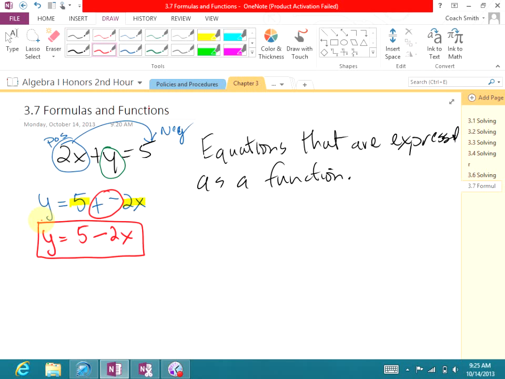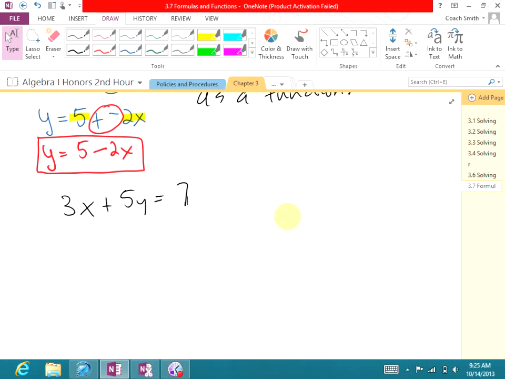Okay? Now, we went a little bit more difficult. Not really, but just a few more steps. 3x plus 5y equals 7. Now, the only difference between the one we just did and this one is there is a 5 in front of the y.